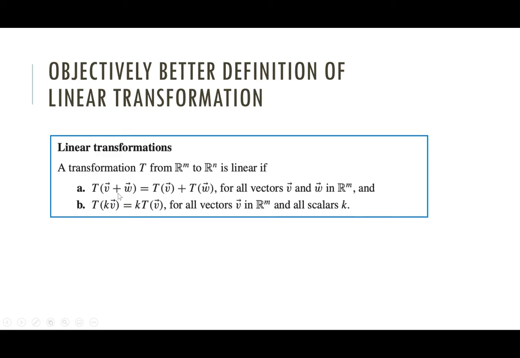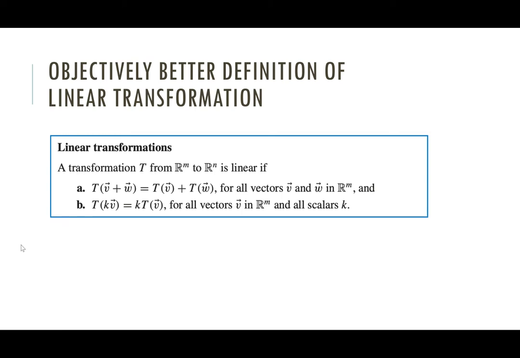So both of these are sort of like, it doesn't matter what order you do addition, and it doesn't matter in what order you do scaling. And if you satisfy these two conditions, then by definition, which seriously, almost every other book in the world uses as the definition, you're a linear transformation.